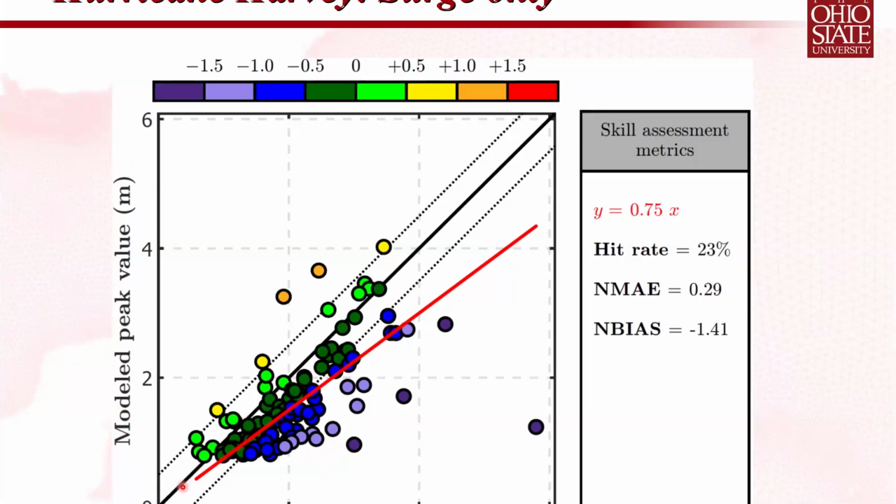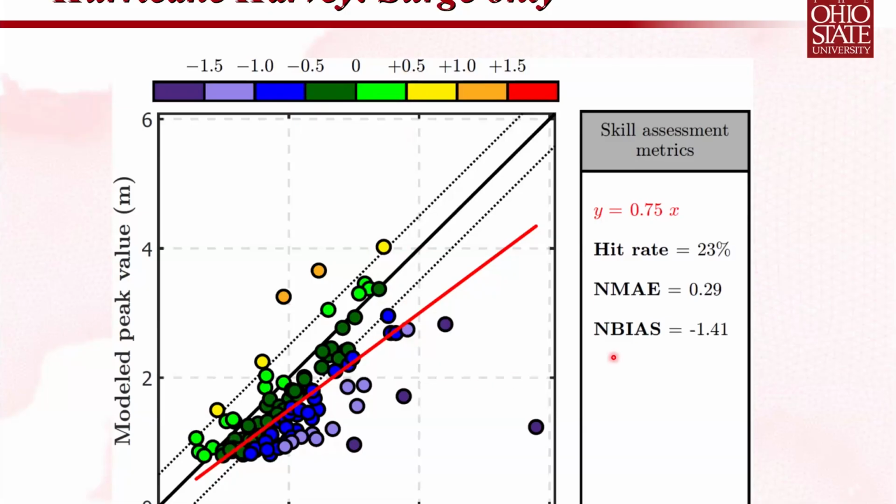The way to think about this is, here's the one-to-one line shown in black. If the model were producing perfect results, all the points would be right on that one-to-one line. If they're underneath it, that means the model's slightly under-predicting, and if they're over it, it's over-predicting. The colors correspond to whether you get plus or minus, for example, half a meter up to a meter.